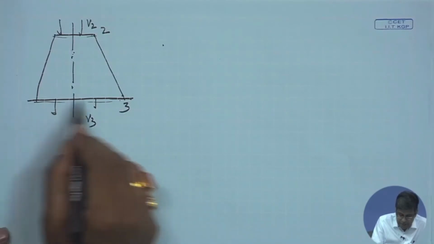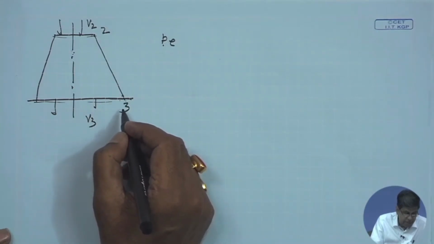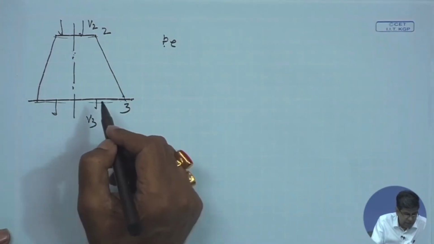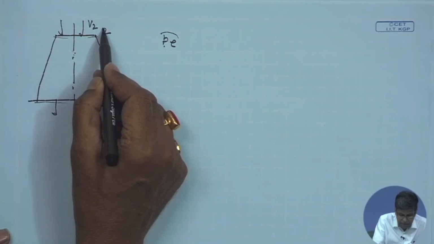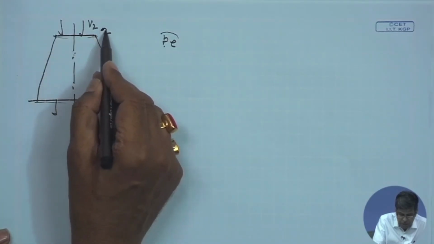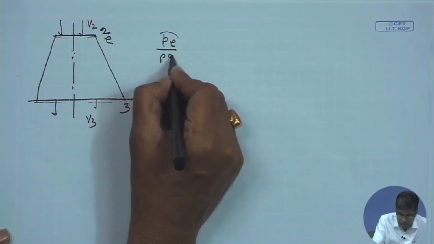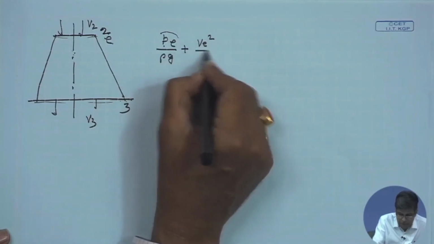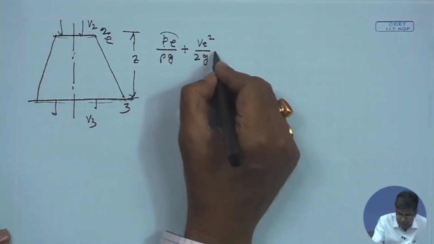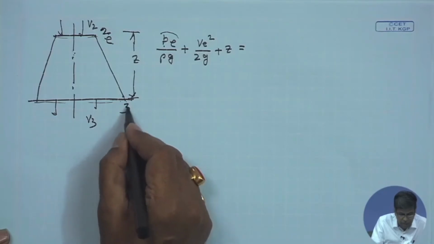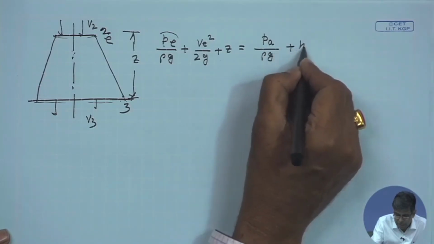Now, if we designate the exit as E, the pressure at the exit as E, not the section 3, and if we write the Bernoulli's equation between these 2 points, that is the exit of the runner, that means inlet to the draft tube, this is for example section E, we write P by rho g plus V square by 2g, and as usual this is the elevation head Z, plus the outlet pressure P3, the atmospheric pressure Pa, by rho g plus Hf.